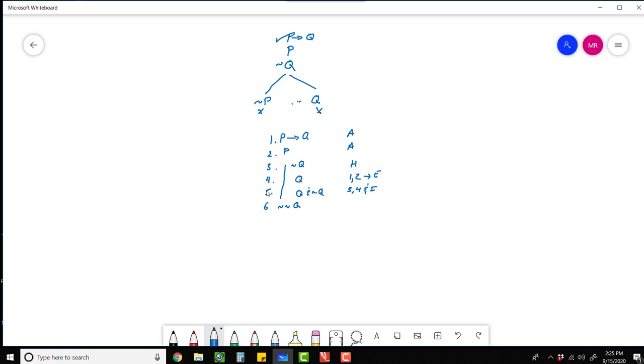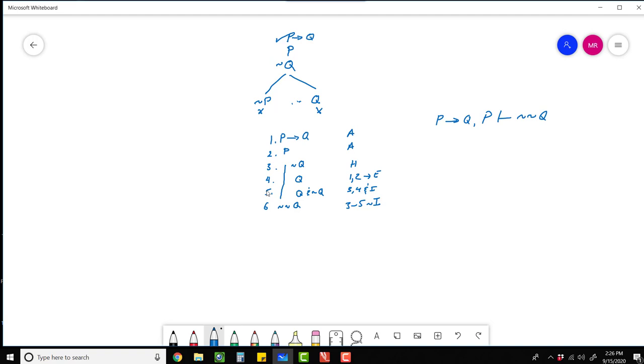Okay, and then you write, in this case, 3 through 5, negation introduction. Now if you had been told to demonstrate if P then Q, P therefore not Q, you would be done.